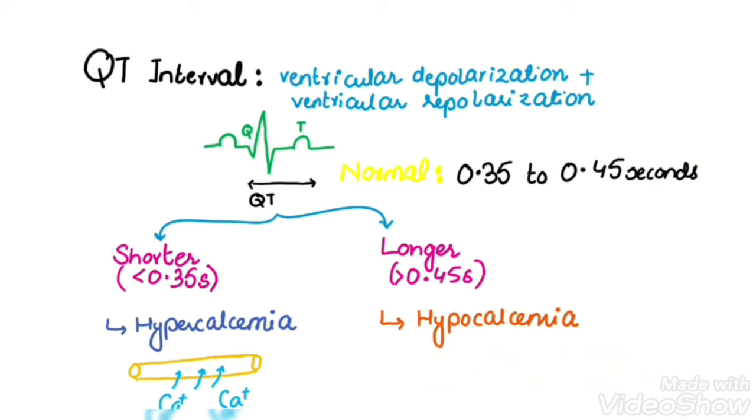In hypocalcemia, the calcium ions outside the cell are few, and so they enter the cell slowly. These both affect the ST segment, either lengthening it or shortening it, and so prolong or shorten the QT interval.